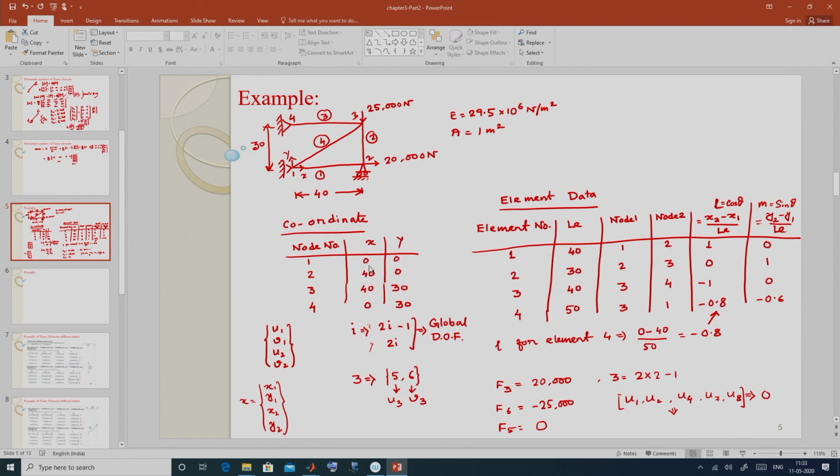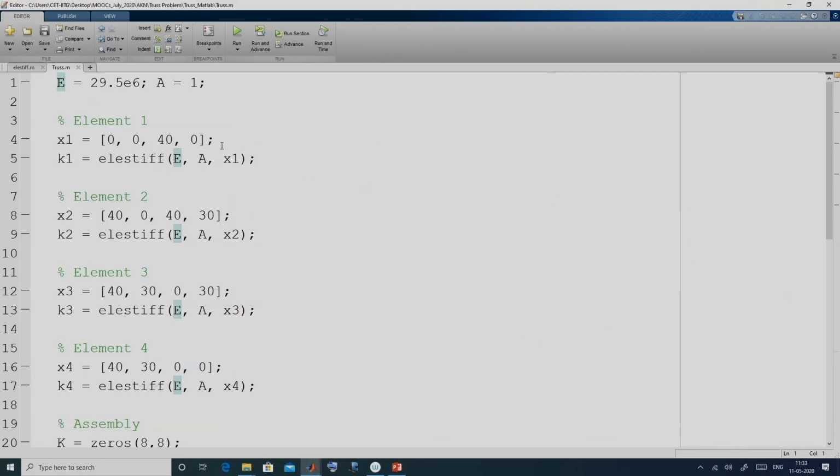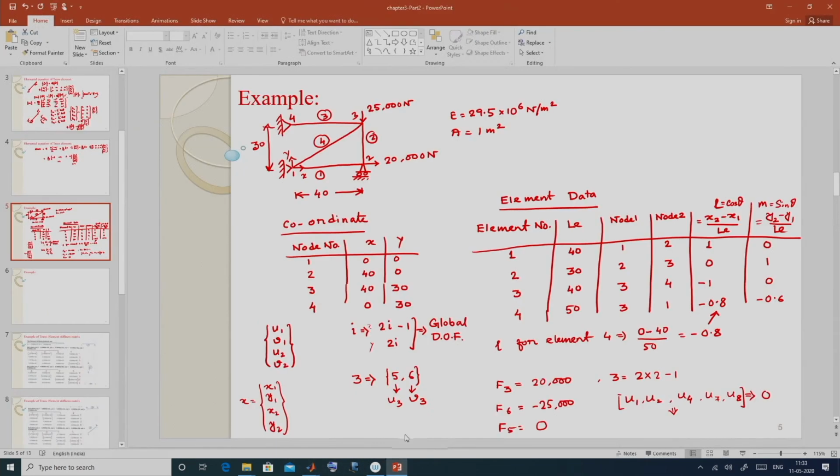So, 0 0 40 0 in this sequence. You can see for second element, first node is 2, so 40 0 is x1 y1, second node is 3, so 40 30.